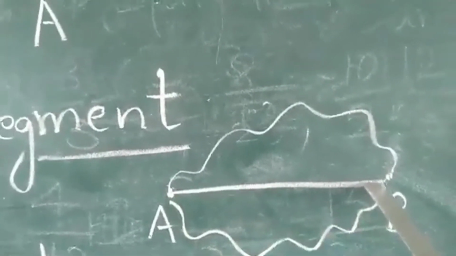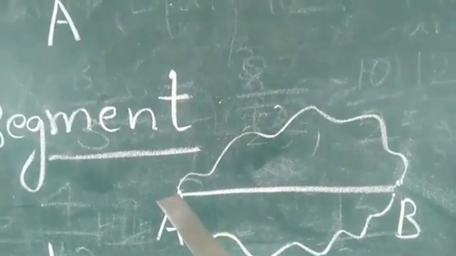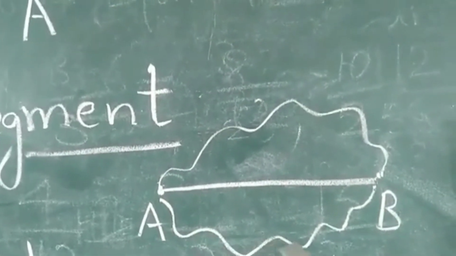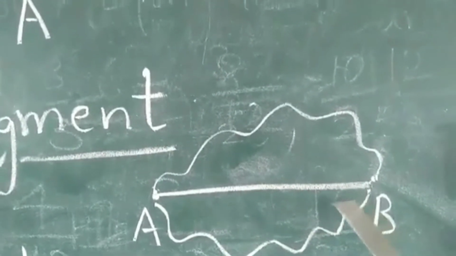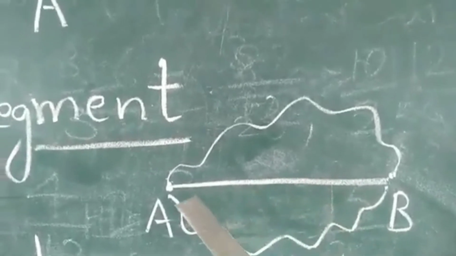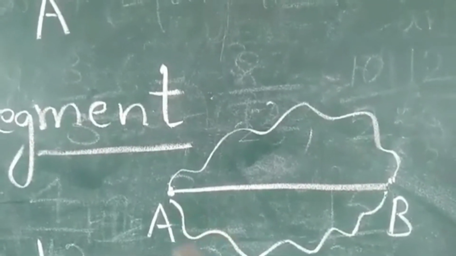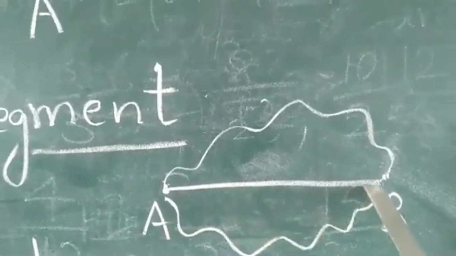This is the shortest distance, because in these 2 cases we used the curved shape, which is longer than this straight line, is it? So line segment is the shortest distance between any 2 points.